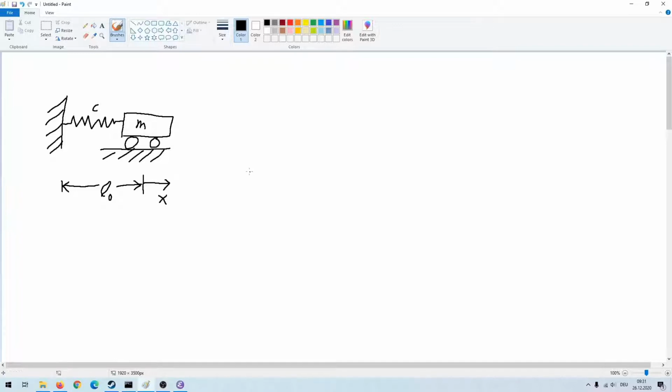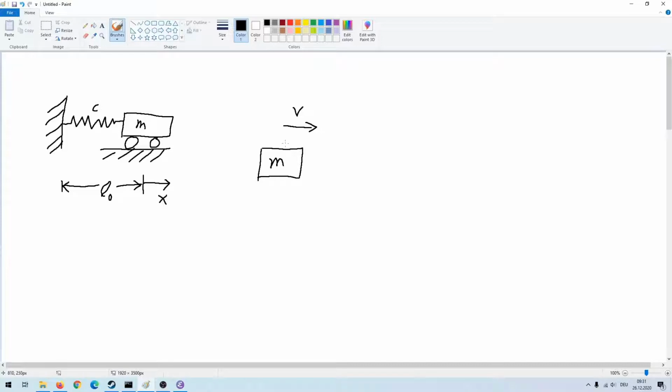In order to derive the system's equation, we have to have a look at what forces are actually acting on our mass. So let's just draw the mass without the rest of the system. We will assume, for this case, that the mass is moving in the positive x direction. The speed is not really relevant for this.